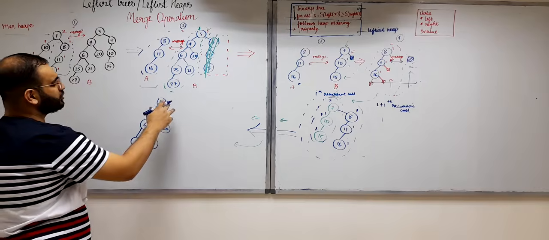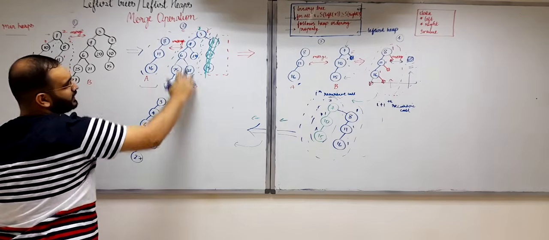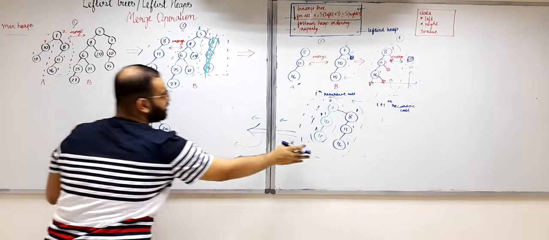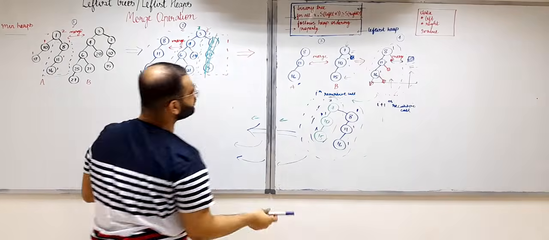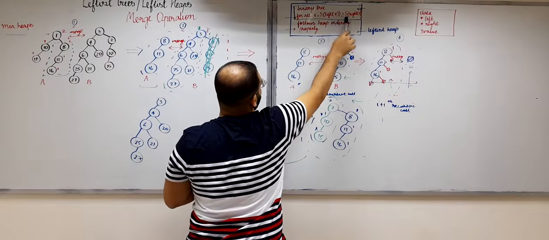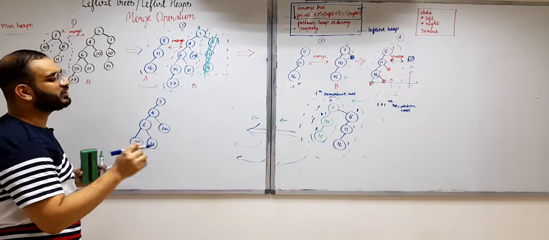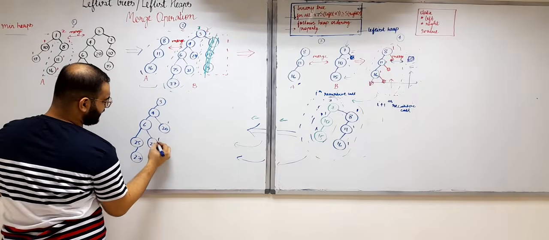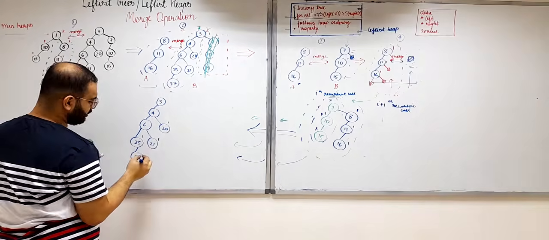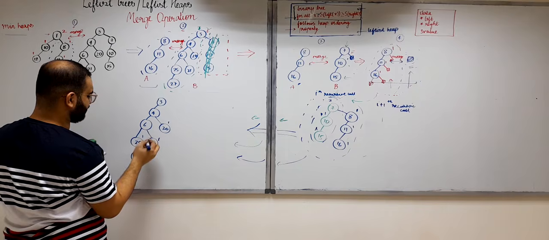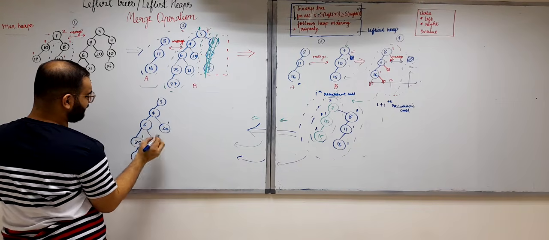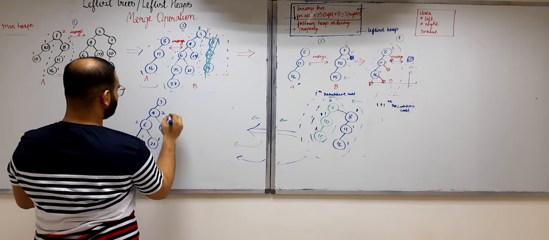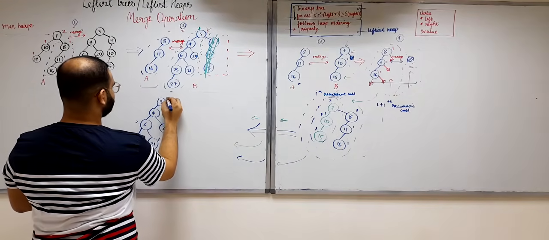Basically this leftist heap and this leftist heap have to be merged, so we need to check if it is following this property or not. All the nodes will have an S value associated with them. Like this node has an S value of 1. All the leaf nodes have S value 1. This will have an S value of 2, this will have an S value of 2, while this will have an S value of 1.